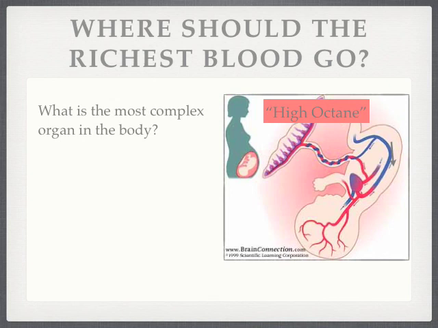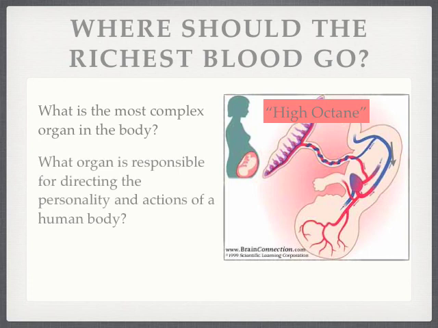What's the most complex organ in your human body? Your brain, isn't it? Right? What organ is responsible for directing your personality and all of your actions, all of your thoughts, really who you are, right? As a physical person, you are in your brain, aren't you? Something goes wrong with your brain, you become a different person, right?